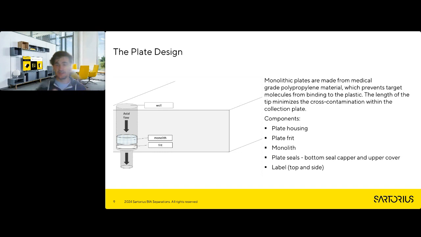Above the tip is the frit that offers support to the monolith, then the monolith, and then you have volume for your sample. The plate comes sealed with an aluminum foil, and the bottom end is also covered with a seal.